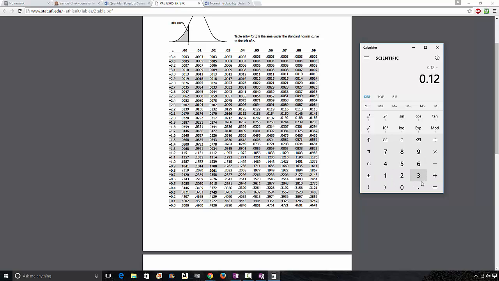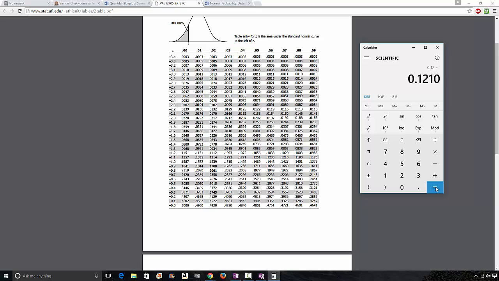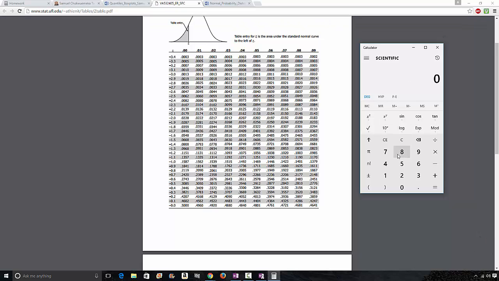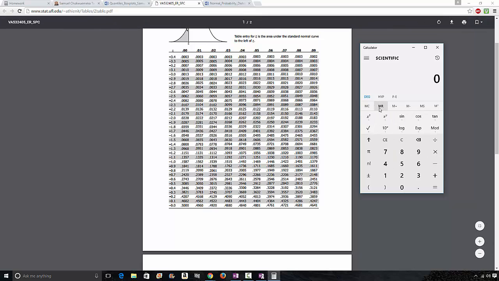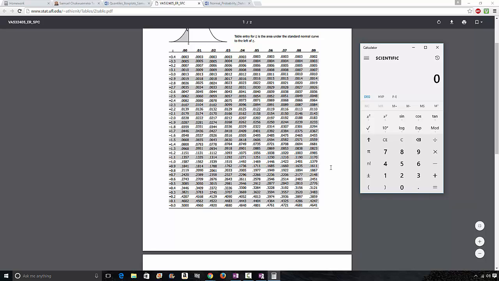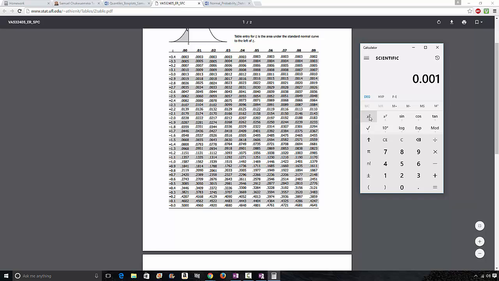So let's now do 0.1200 minus 0.1210. I know you might ask why we subtract it that way. That's fine, we will square it anyway. Although, let me do it well. Let me delete the memory. Now we do 0.1200 minus 0.1190, square it.